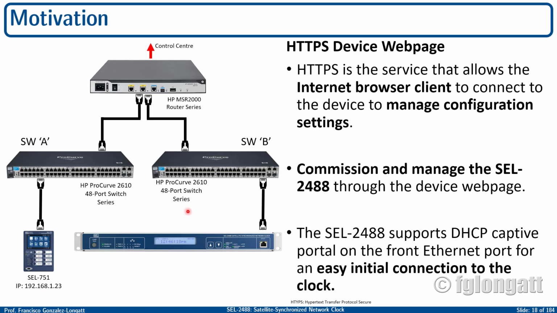But today we have the SEL 2488, the satellite synchronized network clock, and we want to set the IP address of this device inside the domain of the local area network and prepare the device to be used in our research lab.